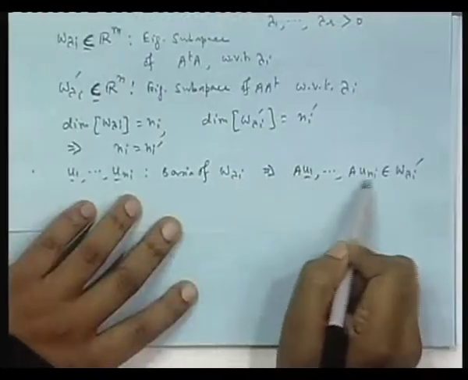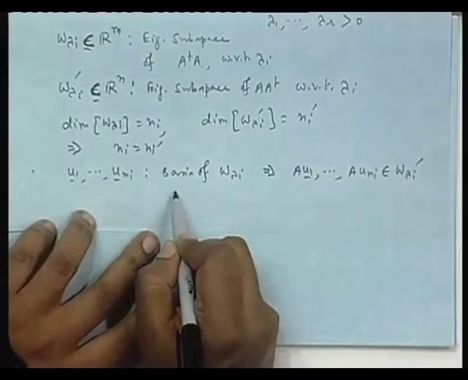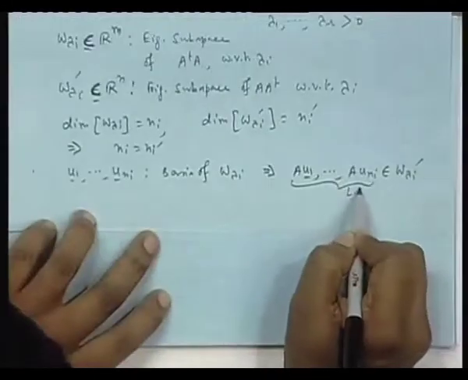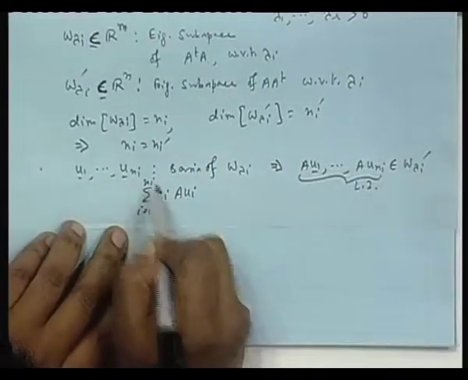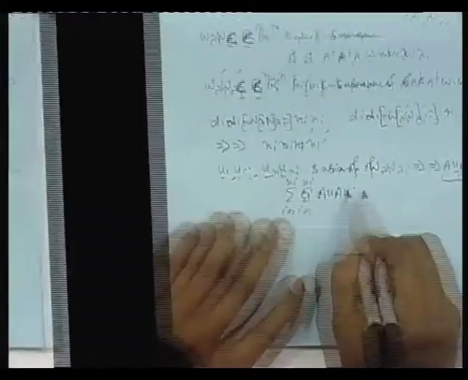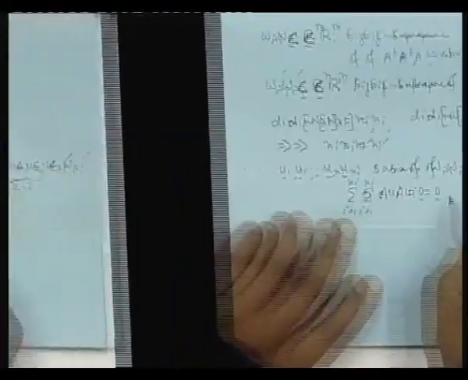I will show that they are linearly independent. That is, this set is linearly independent, you can see. That is, if you form the sum of C I A u I, I equal to 1 to n I, equal to 0, C I should be 0. That follows very easily.